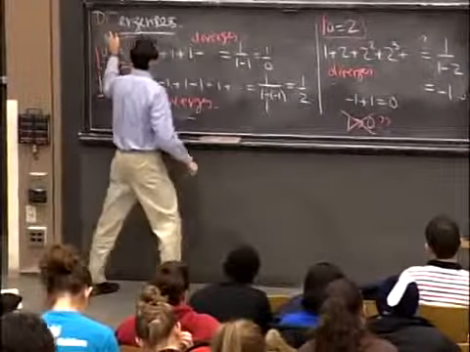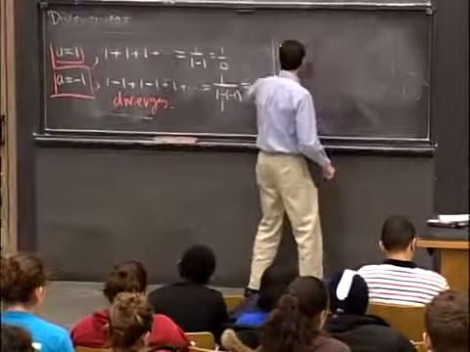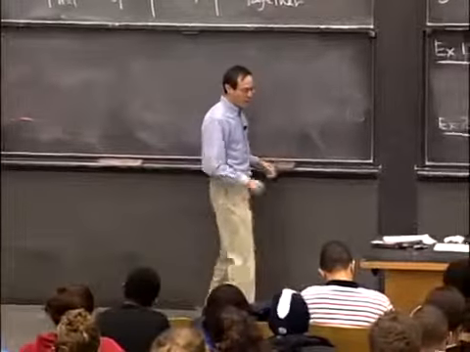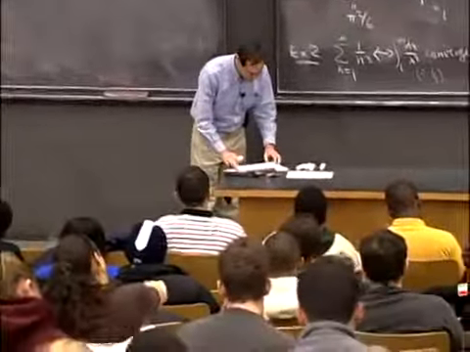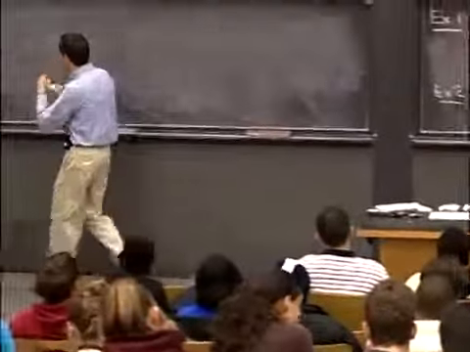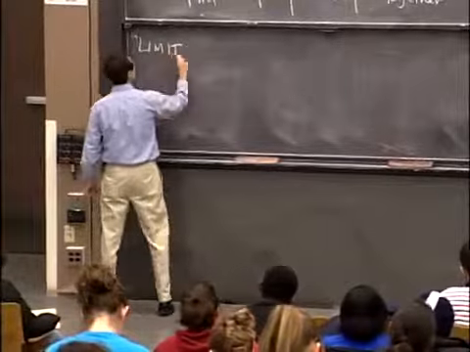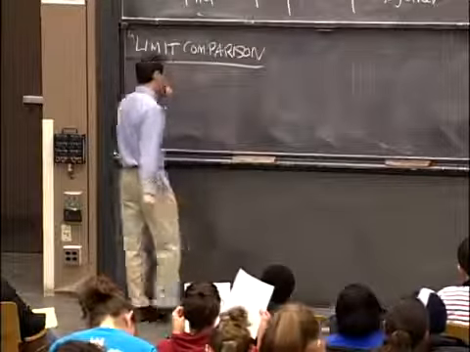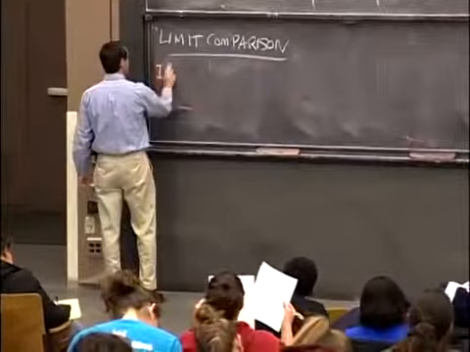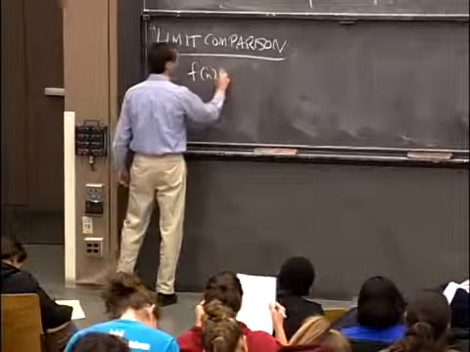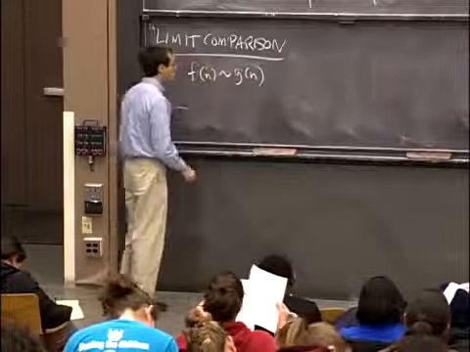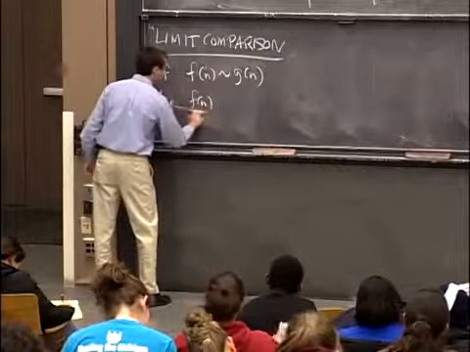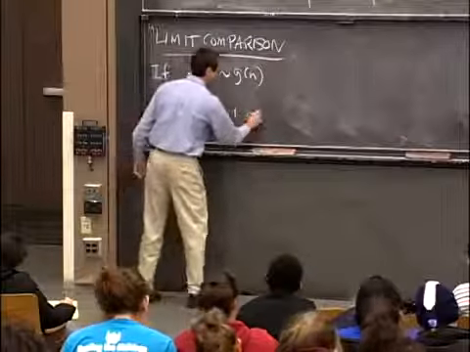And now I have one last bit on comparisons that I need to tell you about. And this is very much like what we did with integrals, which is a so-called limit comparison. The limit comparison says the following. If f of n is similar to g of n, we recall that that means f of n over g of n tends to 1 as n goes to infinity.